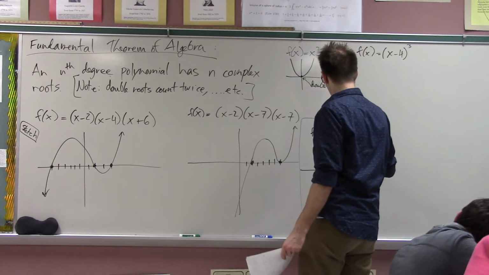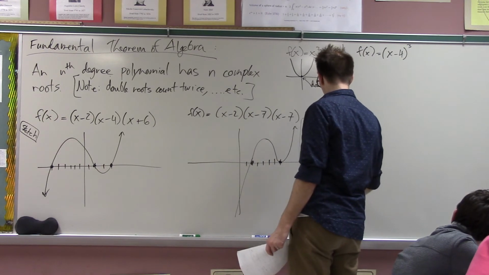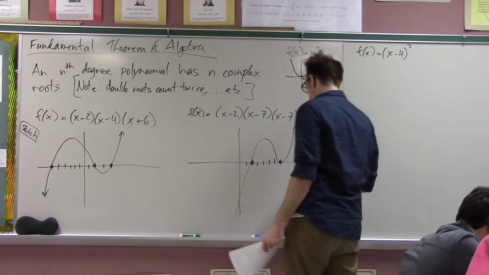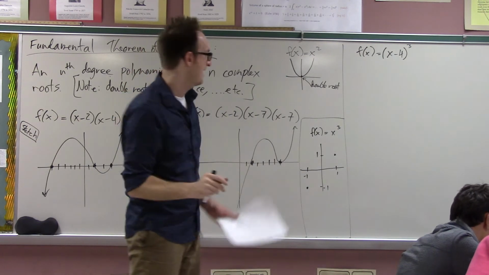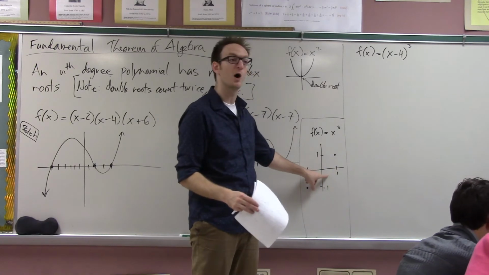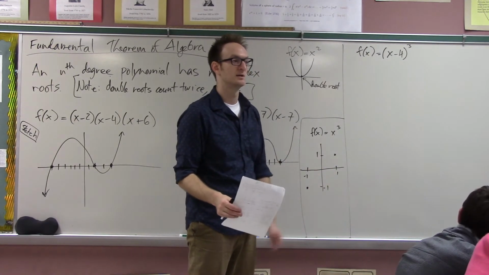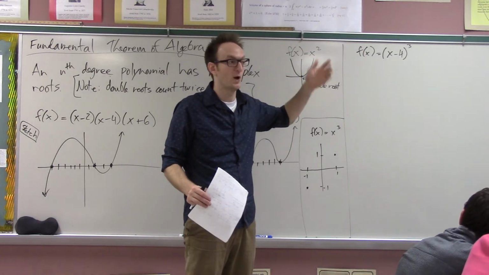Like here's the point, if this is the point (1, 1), and that's (-1, -1), the graph of x cubed has a very distinctive look to it. If you cube a number between 0 and 1, what happens? Take 1/2 cubed, what do you get? It gets smaller: 1/8, right?